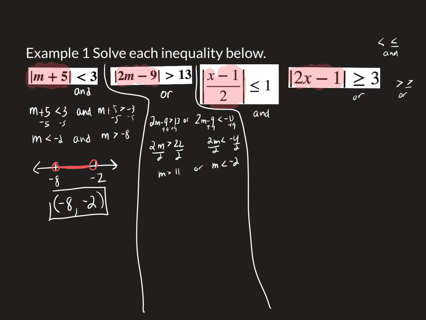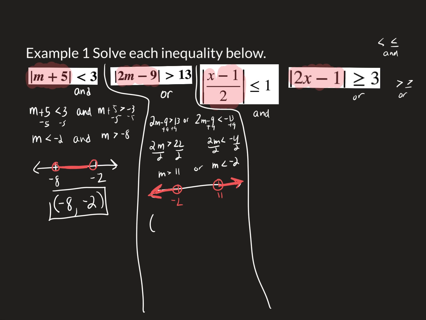So thinking about this graph, M is greater than 11 or M is less than negative 2, those two would go in opposite directions. Greater than 11, less than negative 2. Both open circles, and then write that in interval notation.